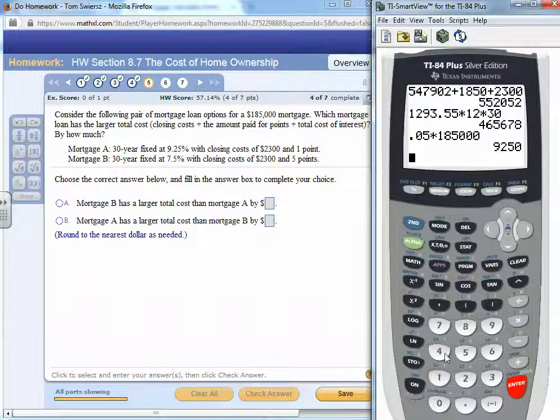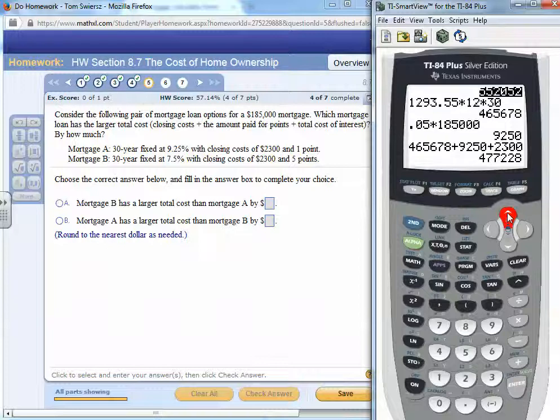So now what's the total spent for mortgage B? The payments were $465,678 plus points $9,250 plus the closing cost $2,300, and we get $477,228. And remember, the cost for mortgage A, if we go back, was $552,052.